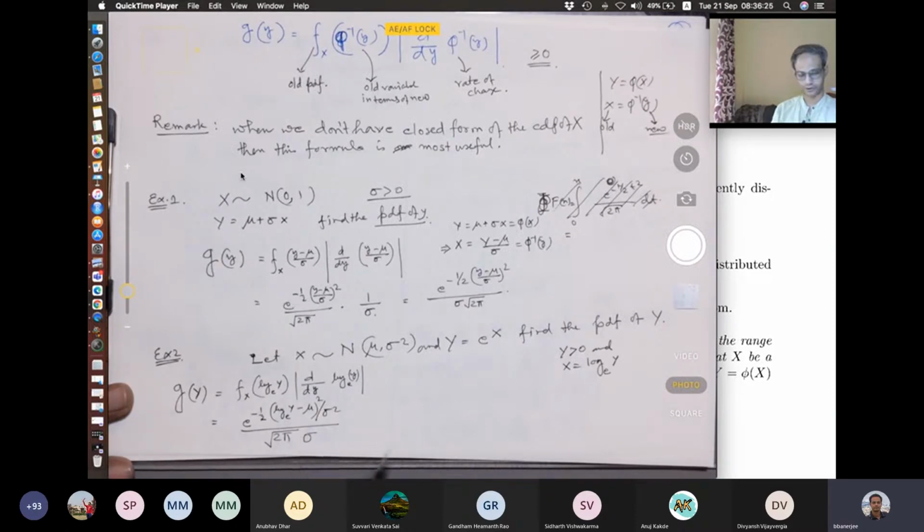This is according to this PDF. Now if you want to take the derivative, what will be the derivative of log of y with respect to y?